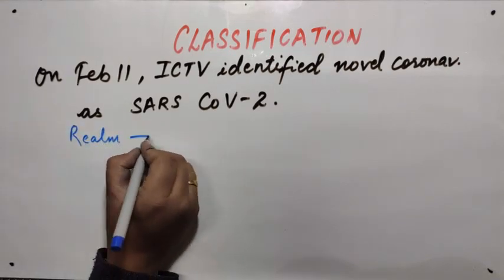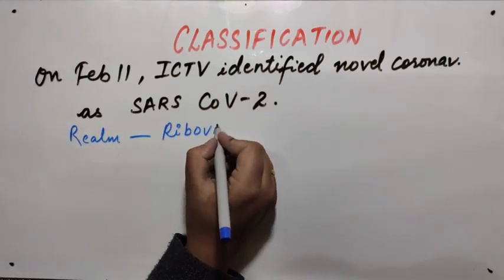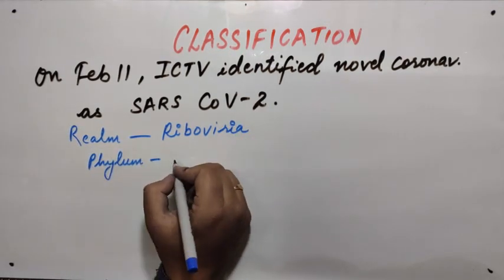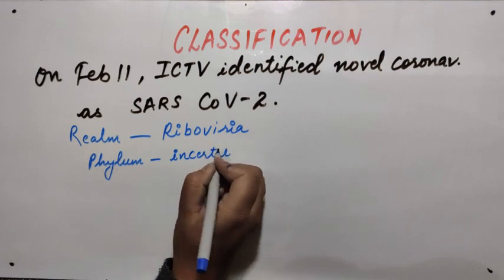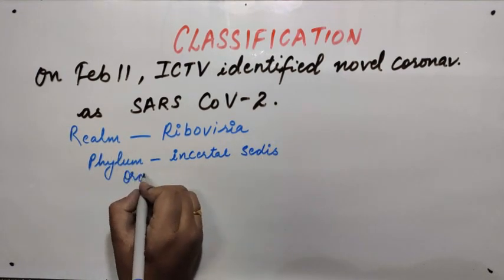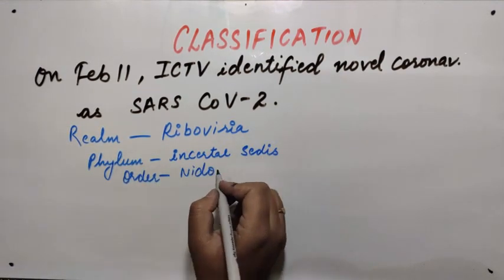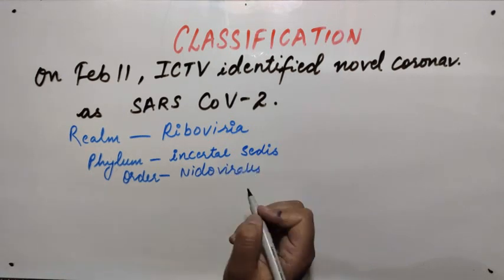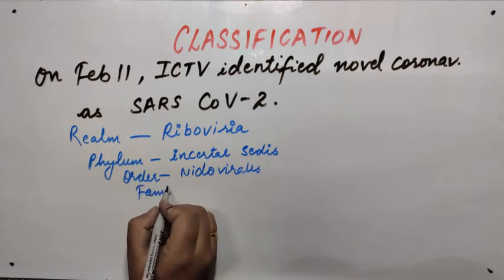So, the realm is Riboviria, phylum is Incertae sedis, order is Nidovirales, and the family is Coronaviridae.